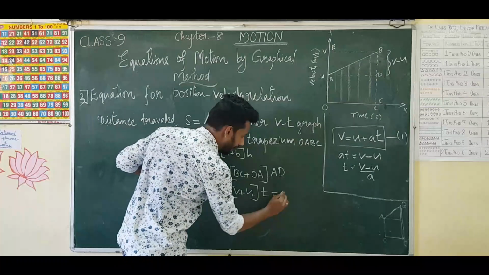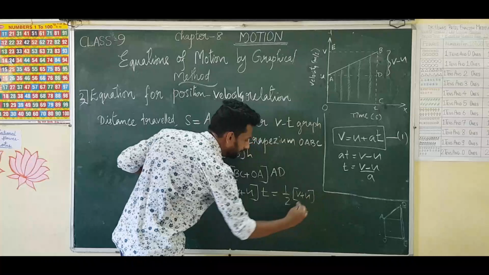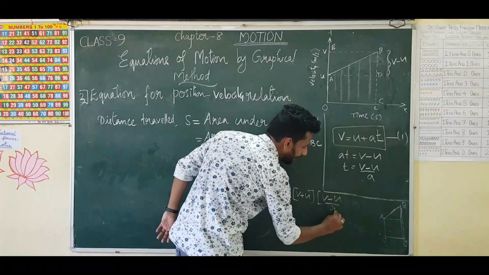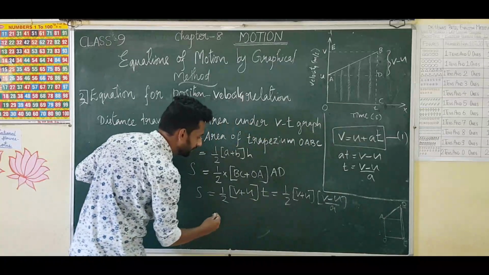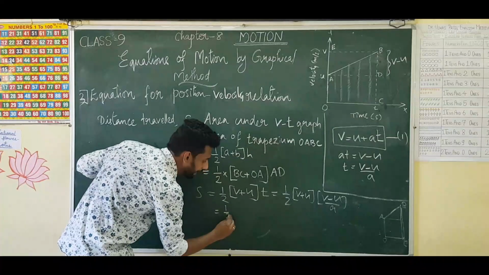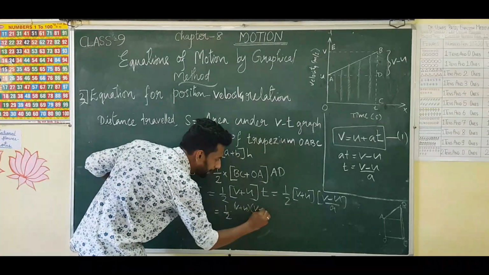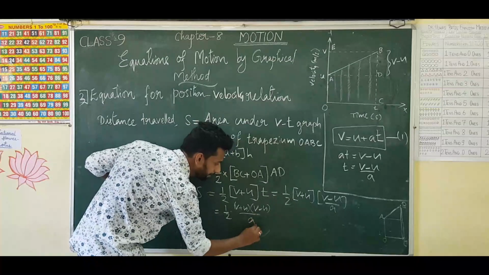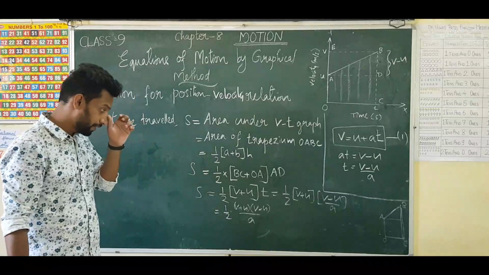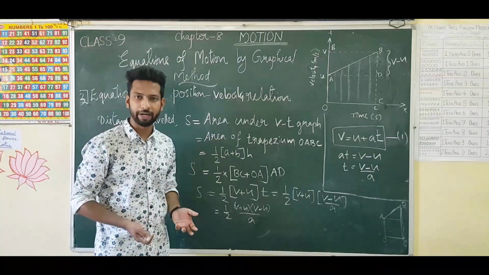So what do you get? Half into v plus u into v minus u divided by a. I'm just rewriting the equation again: half into v plus u into v minus u divided by a. Then what is the relation to find this? a plus b into a minus b is equal to a square minus b square.